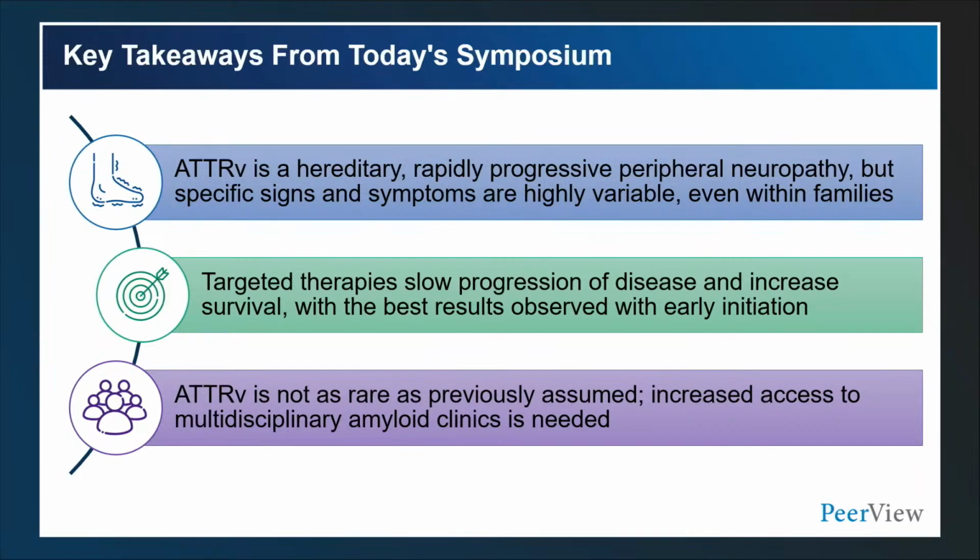But the earlier you start them, the better. That's why we're doing this program, to raise awareness. Although it was felt to be rare, more and more we're seeing large numbers of patients and large families that have it, and the collaboration between cardiologists and neurologists is also increasing the chance of finding these patients.